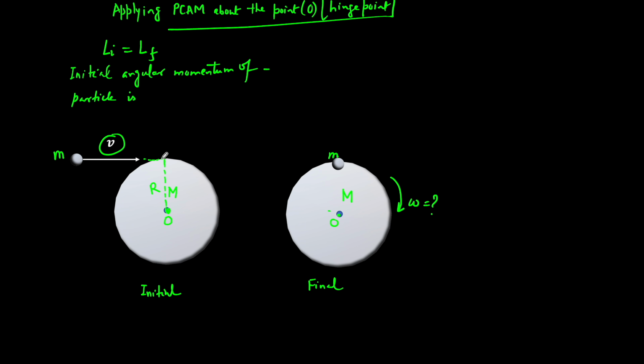So initial angular momentum of the particle is mvr. Initial angular momentum of the disk is, initially the disk is at rest, so it is 0.